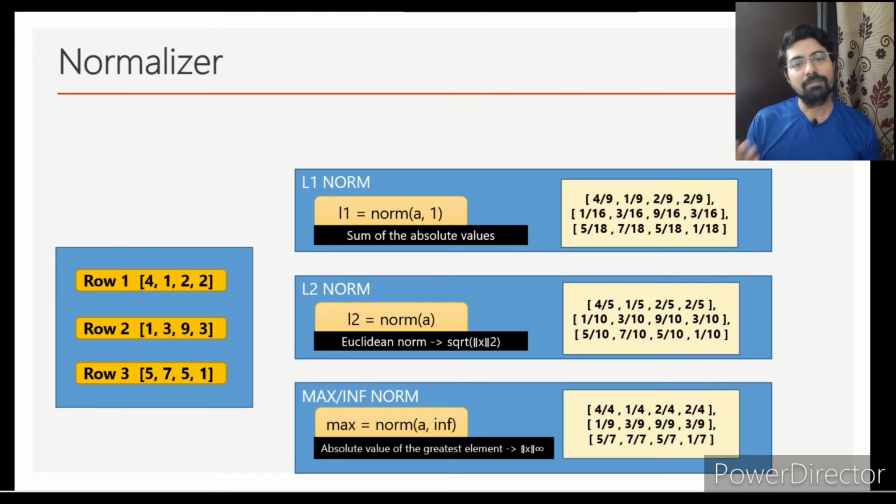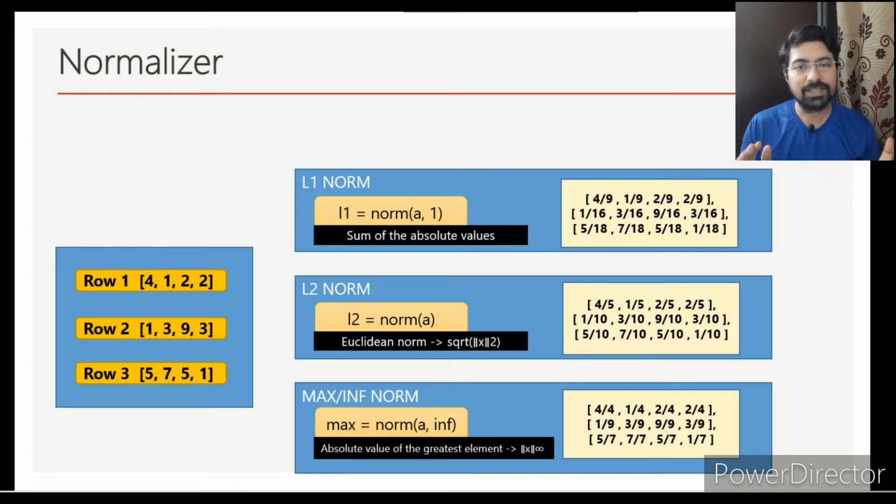There are three ways of using the normalizer at the row level. The first is the L1 norm, where the Manhattan distance is used. In this example, for row 1 there are four values of four features: 4, 1, 2, 2. It is irrelevant which feature has which value.